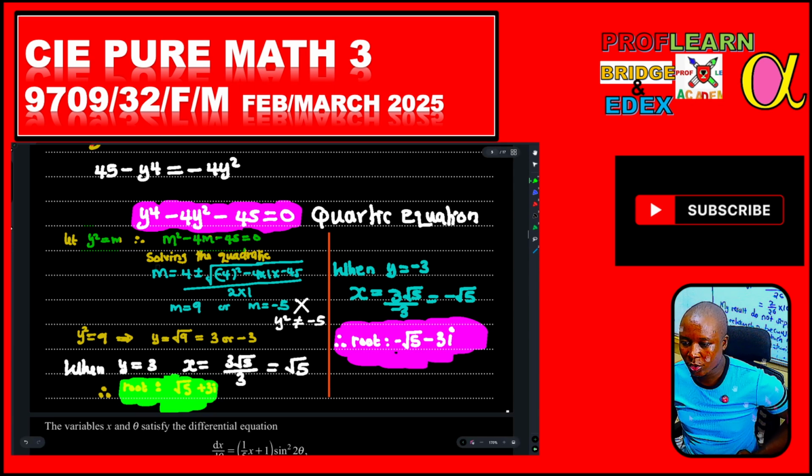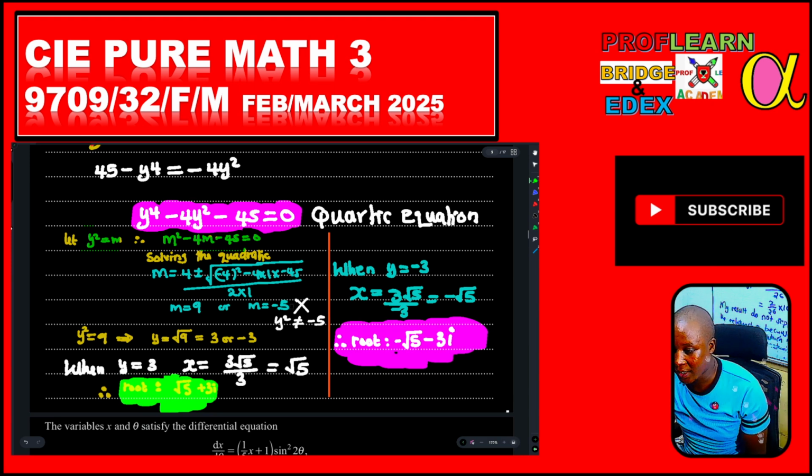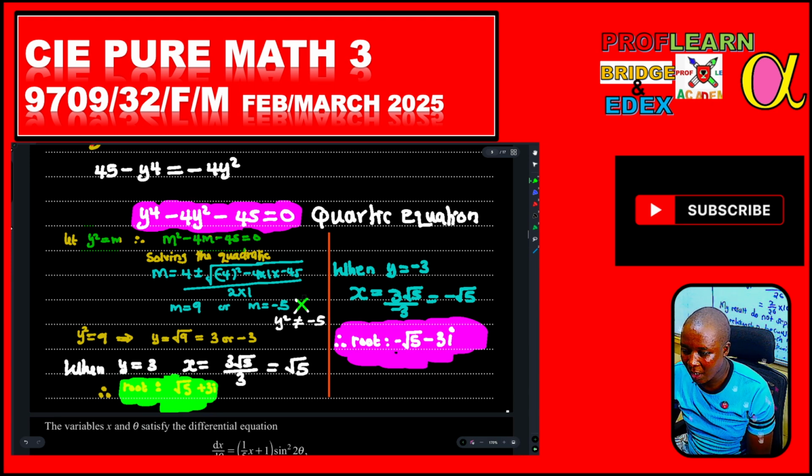So if we solve this quadratic equation using the quadratic formula, we are going to get m is equal to 9 and m is equal to negative 5. But this m equals negative 5, we are going to drop it on arrival, because there is no way a number can be squared and you get a negative number.